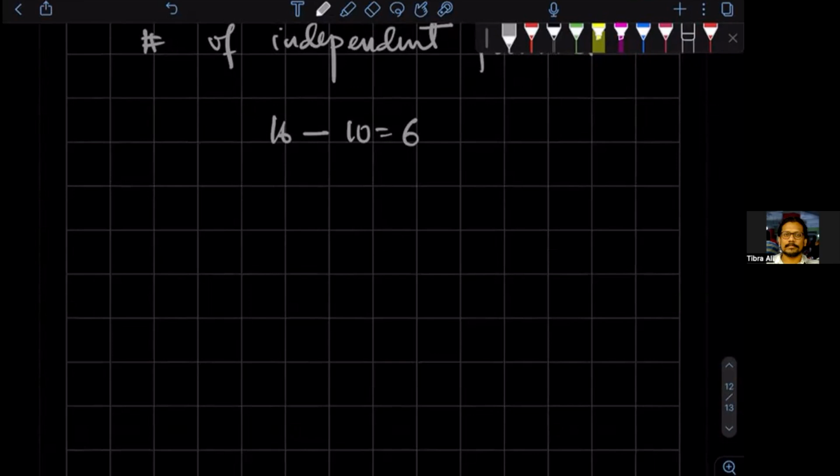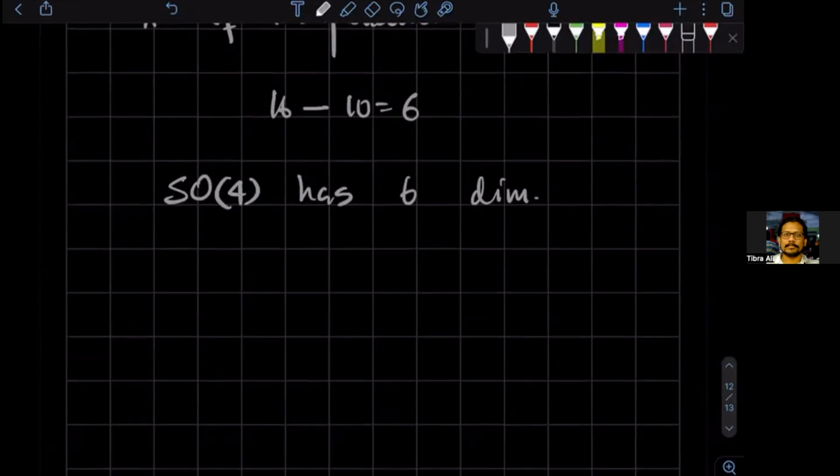Another way you can think of why SO(4) has 6 dimensions is the following. You can think of SO(4) as the rotations in a 4-dimensional Euclidean space. So in 4-dimensional Euclidean space, you've got 4 directions.